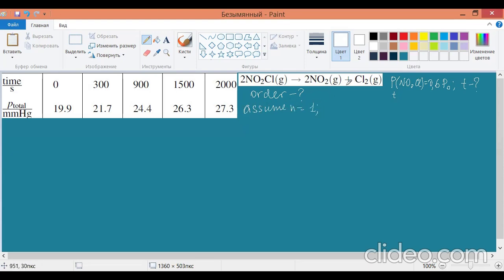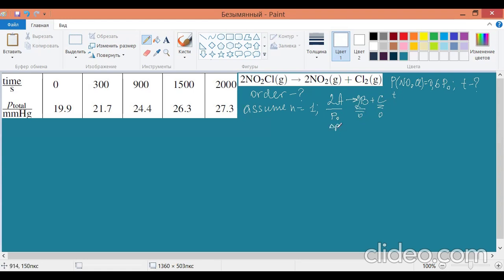Now, let me rewrite the scheme of the reaction this way, it's more convenient. So we've got the initial pressure of the reagent A, and no trace of the two products in the mixture in the beginning.